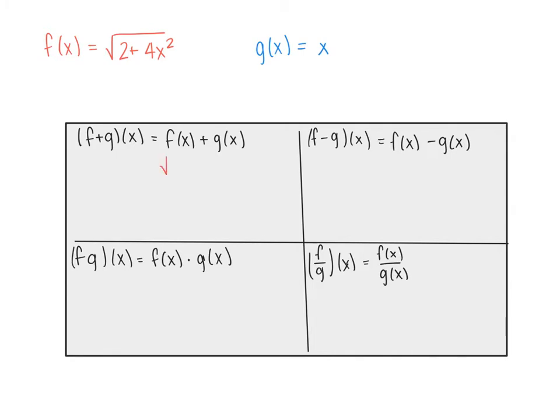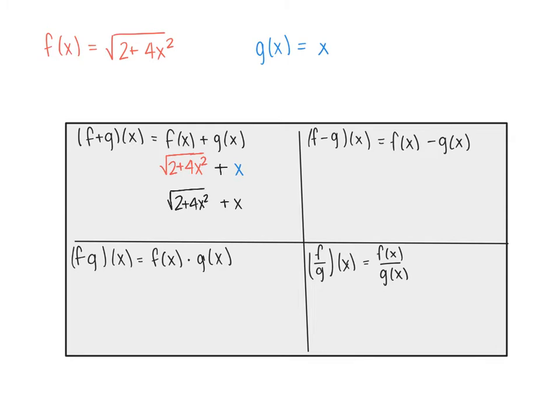So f(x) is the square root of 2 plus 4x squared, and then g(x) is x. And those two are being added. Now I can't combine x's and square roots. If you remember from Math 102, those aren't like terms. So that's actually where I'm done. The square root of 2 plus 4x squared, plus x. That is your final answer.